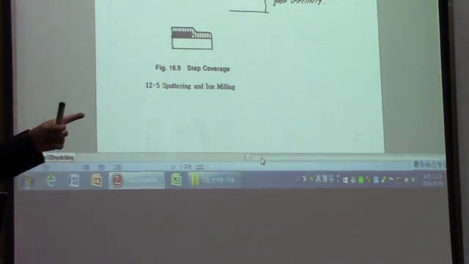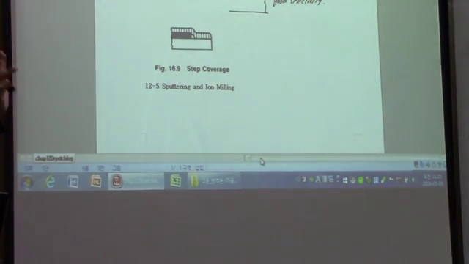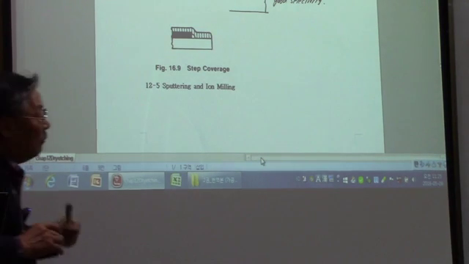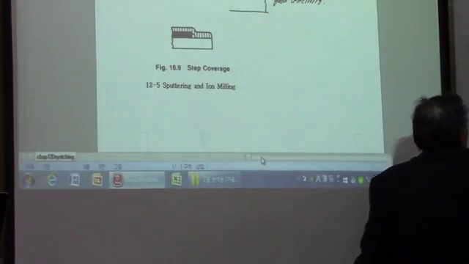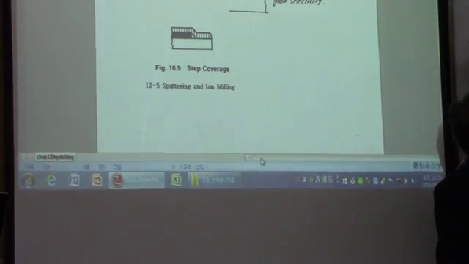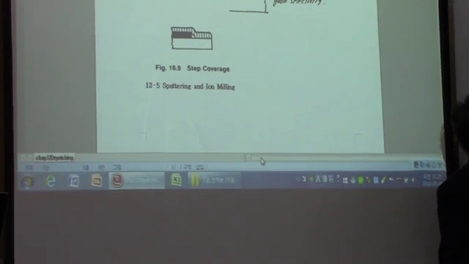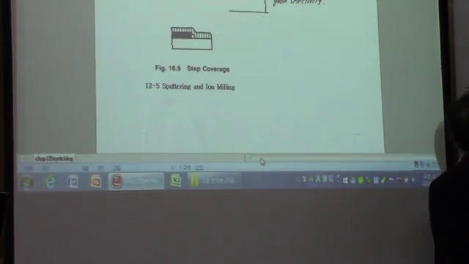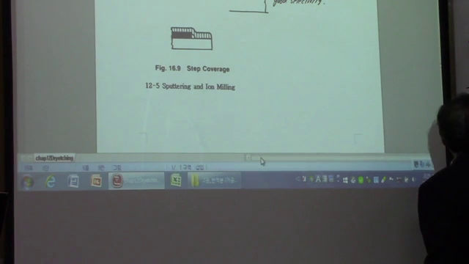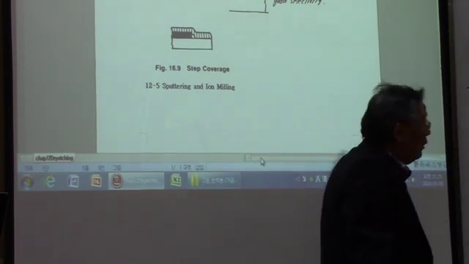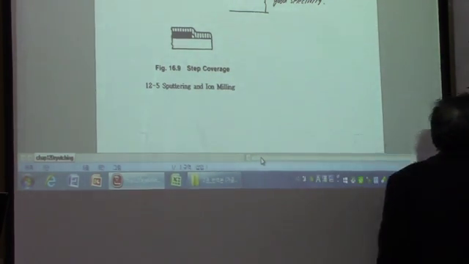So in order to relieve that problem, what we can do is tapering. Typically, after the RIE etching, you are going to have something like this, and then you do the blank etching.